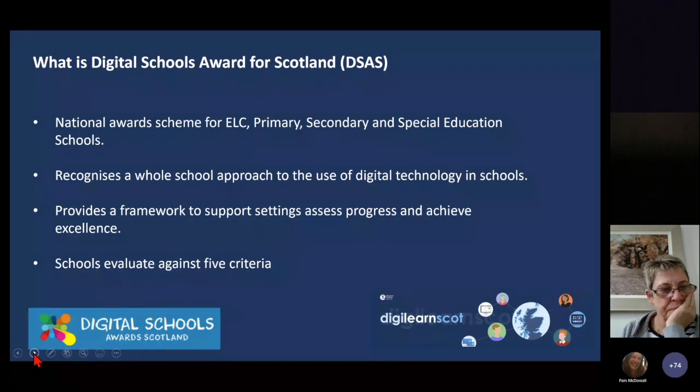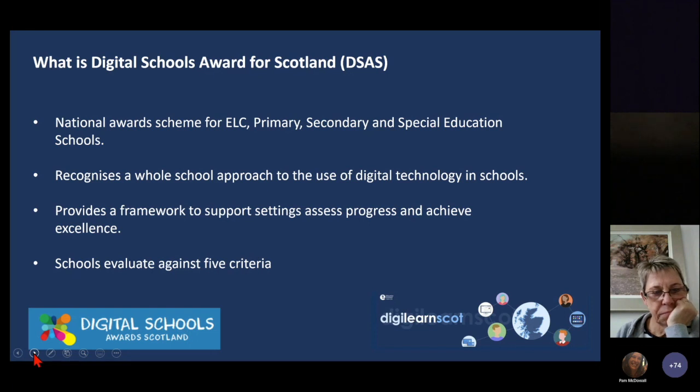The award promotes, recognises and encourages a whole school community approach to the use and application of digital technology for learning and teaching. The most important thing to note about this award is the criteria, which provides help to assess progress and recognise excellence in the use of digital technologies, while also providing that practical support and encouragement.